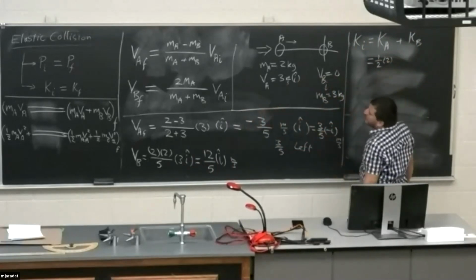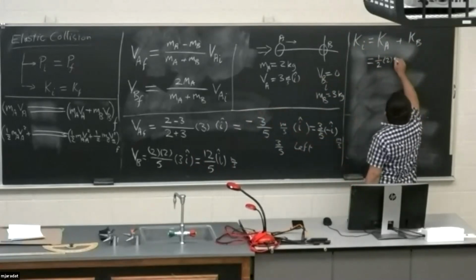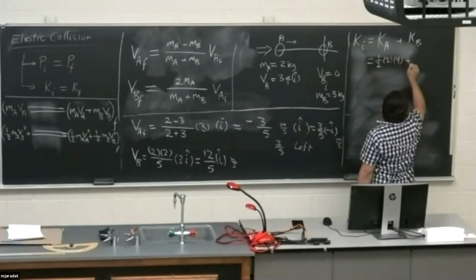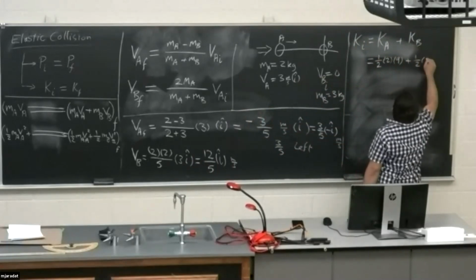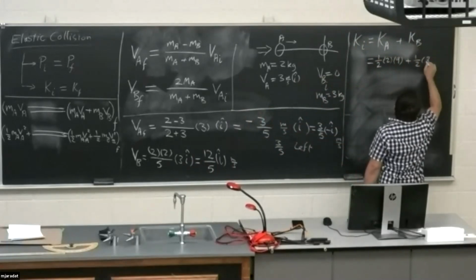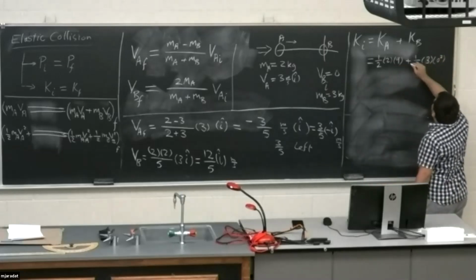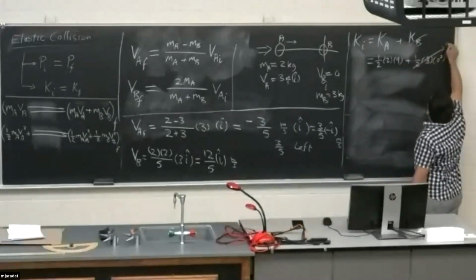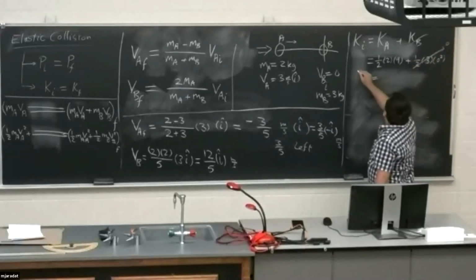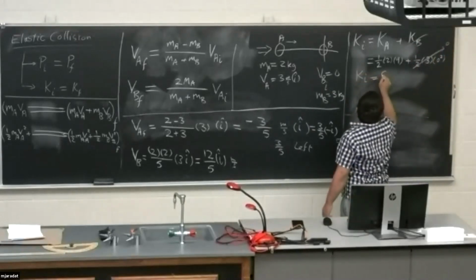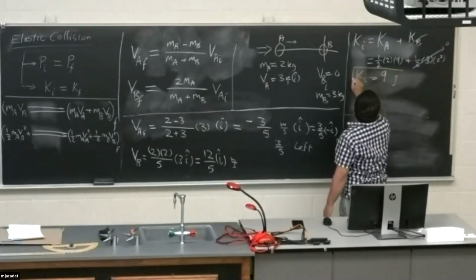The velocity of A initially is 3, and 3 squared is 9. Plus 1/2 the mass of B, which is 3, multiplied by the velocity squared, which is 0 squared. This term will be 0. The kinetic energy initially is equal to 9 joules.